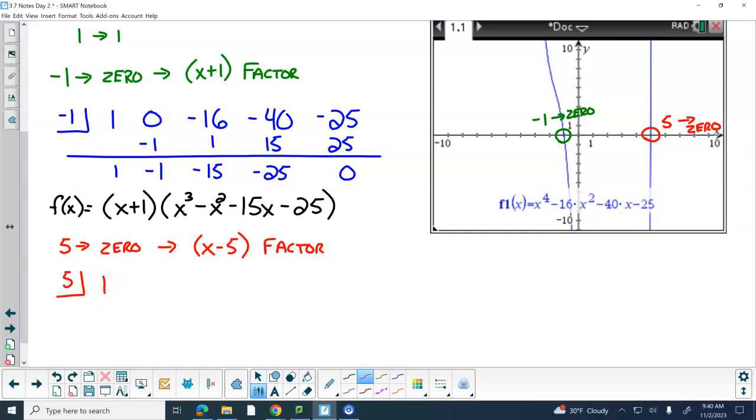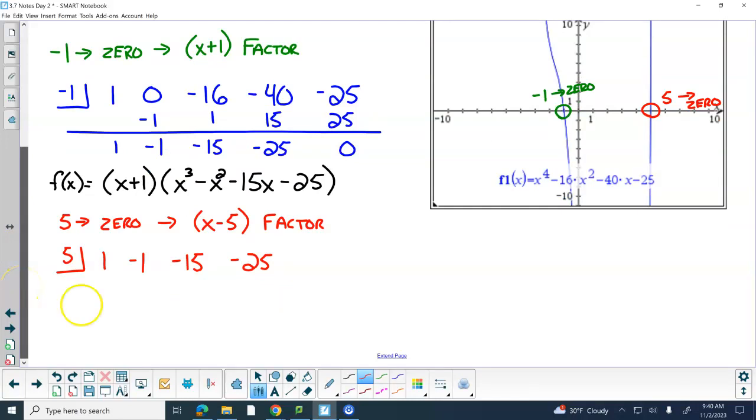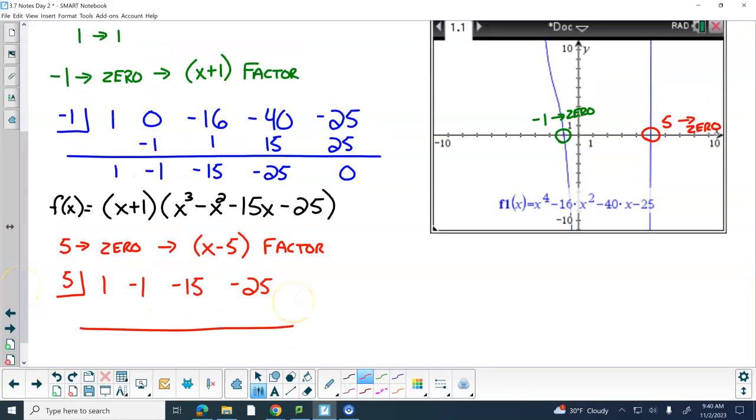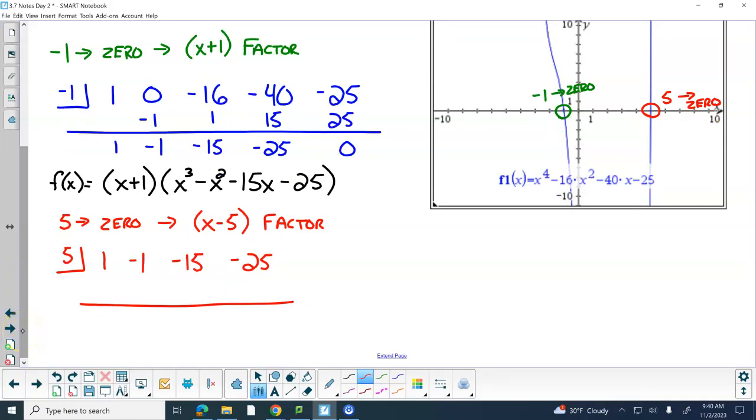What's the next one? Negative 1. I'm going to use these blue ones right here. Yep. This function right here. So then negative 1, negative 15, negative 25. 1, 5, 4, 20, 5, 25, 0.